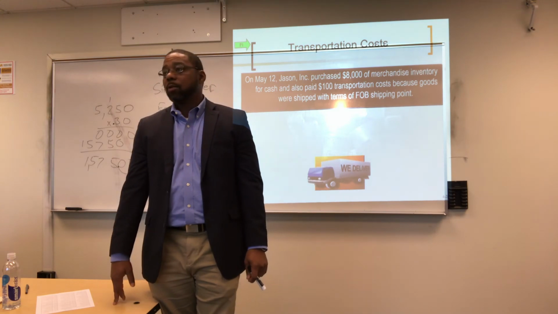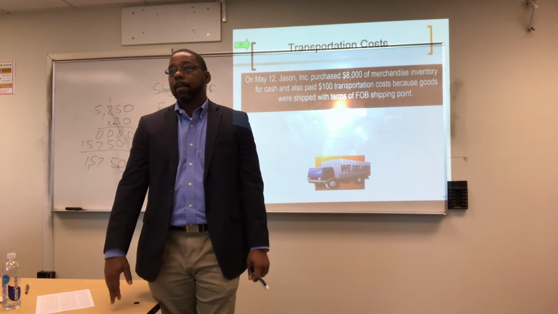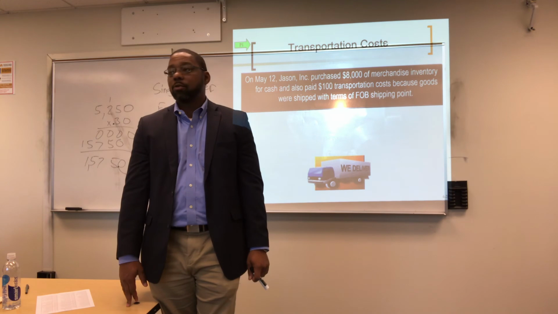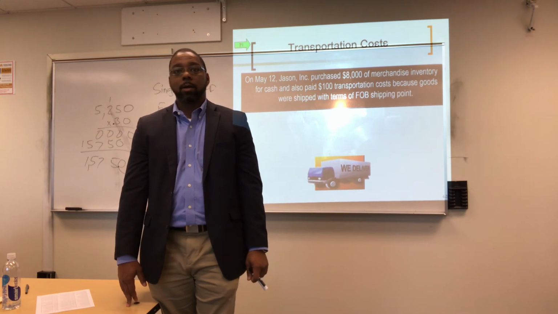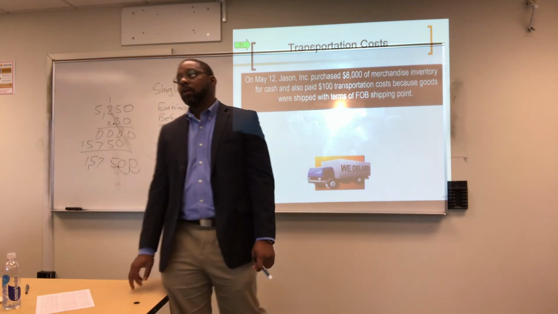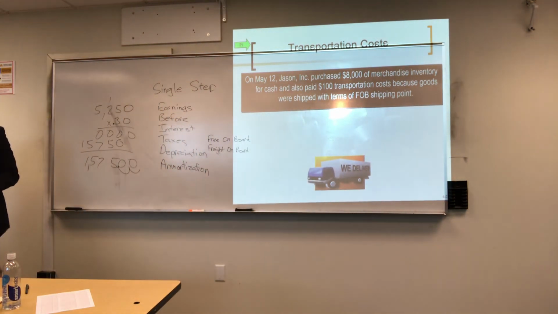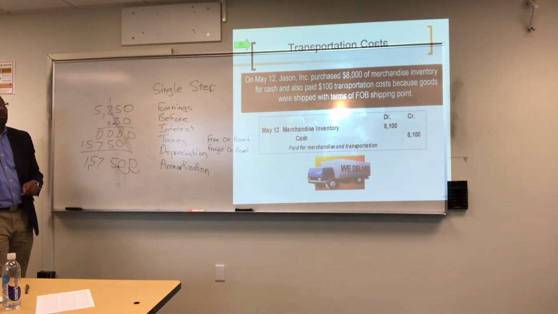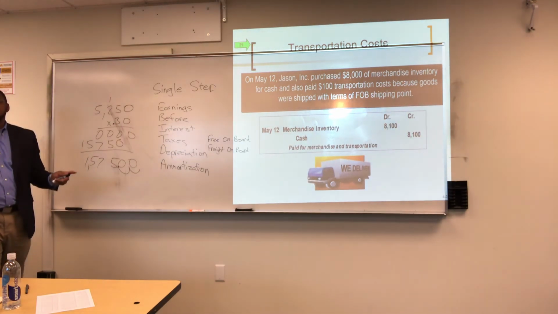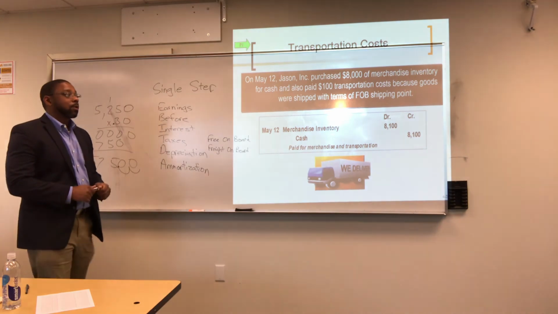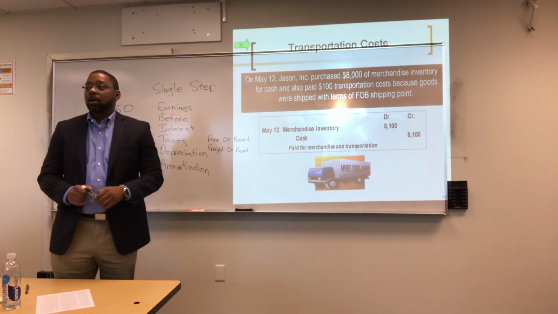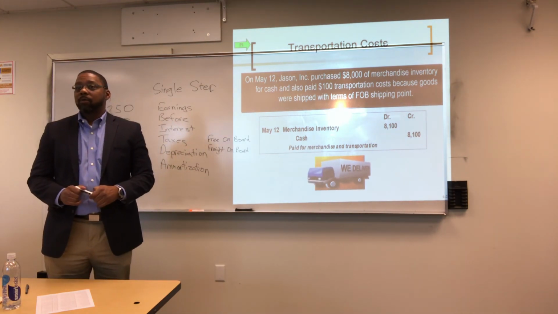If it was FOB destination point, he wouldn't have to record it. Everyone with me? It's FOB shipping point, so Jason needs to make that transaction. What that transaction is going to look like is $8,100 for inventory, debit, credit $8,100 for cash.